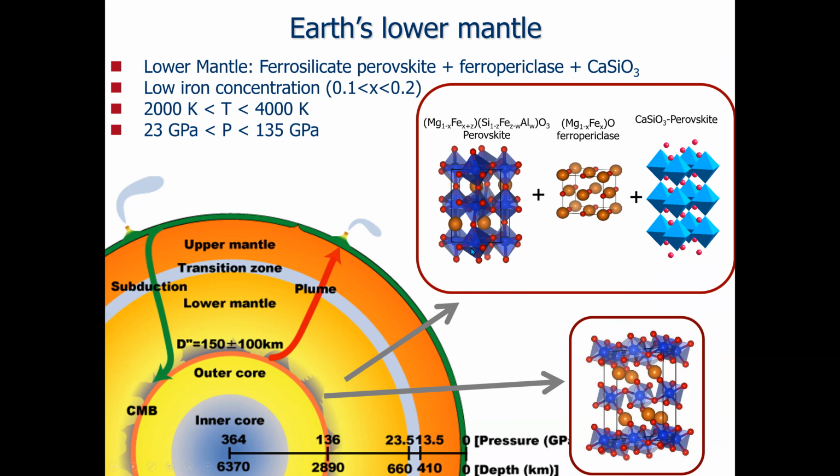Bridgmanite, magnesium silicate perovskite with ferrous and ferric iron and aluminum. Ferropericlase, solid solution of FeO and MgO in the rock salt structure. Davemaoite, calcium silicate perovskite. It's a minor phase. It doesn't change so much the properties of the mantle, so I'm going to discuss these two other phases here. There is news on this phase, but I'm not even going to touch that here.